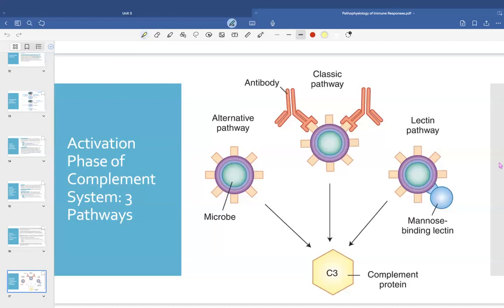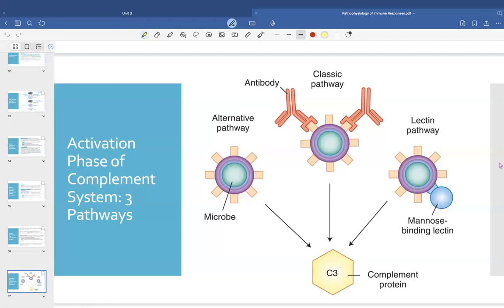And it can also cause dilation of your capillary beds to allow all of this to seep into whatever the area is that the pathogen is. So it will dilate your vasculature and increase permeability. So that would be the amplification.